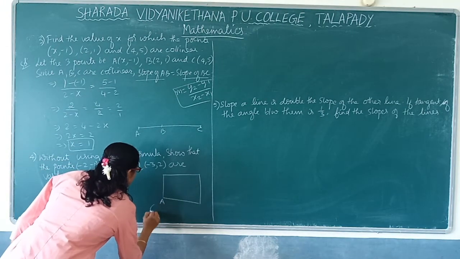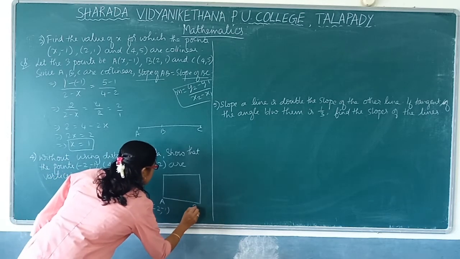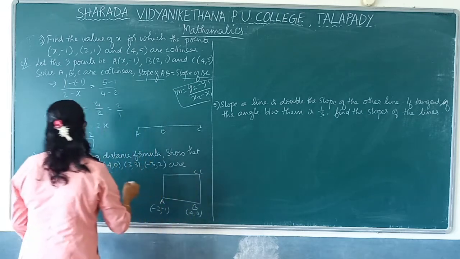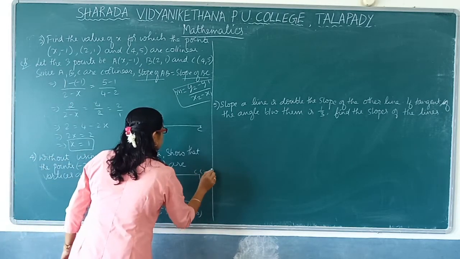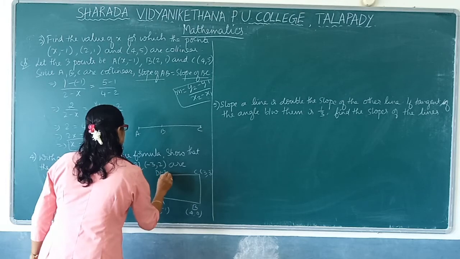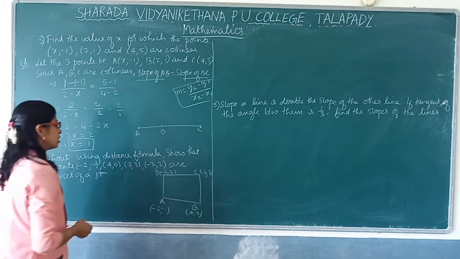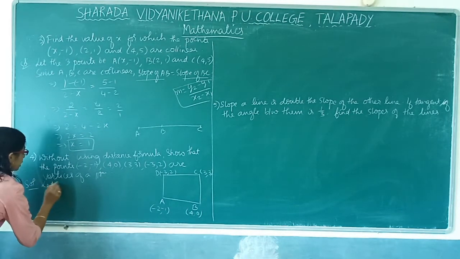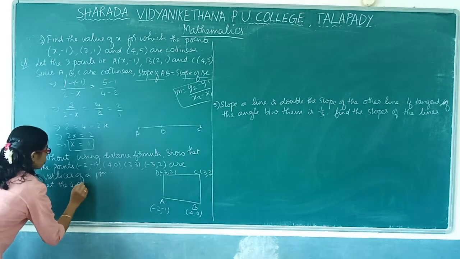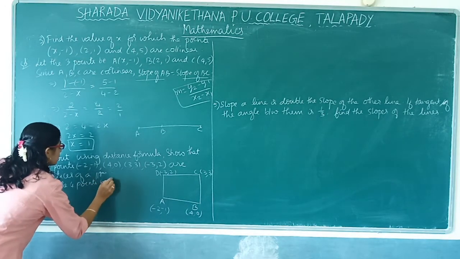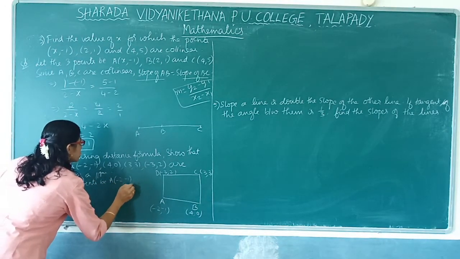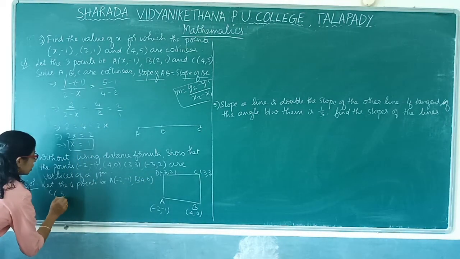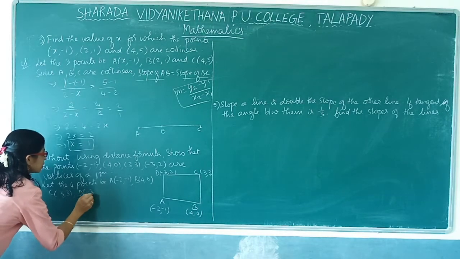We will name the points as A of minus 2 comma minus 1, B of 4 comma 0, C of 3 comma 3 and D of minus 3 comma 2. Let the 4 points be A of minus 2 comma minus 1, B of 4 comma 0, C of 3 comma 3 and D of minus 3 comma 2.